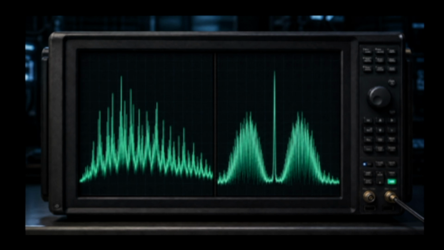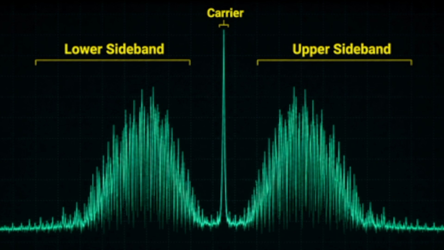Each one of these audio frequencies creates its own pair of sidebands. Not just one pair, hundreds of pairs, all at the same time. Together, those hundreds of individual sidebands blend together, forming one complete upper sideband and one complete lower sideband. This is what actually carries your voice.